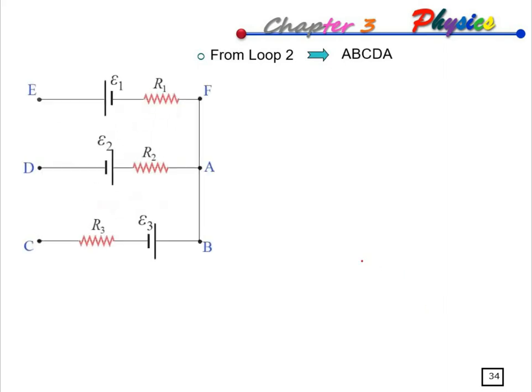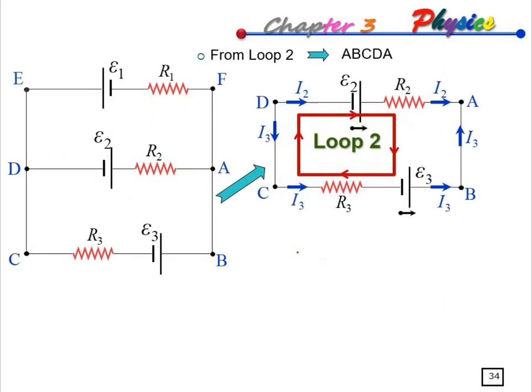Then for loop number 2, with the notation A, B, C, D, and again A. Look at the direction of the loop.